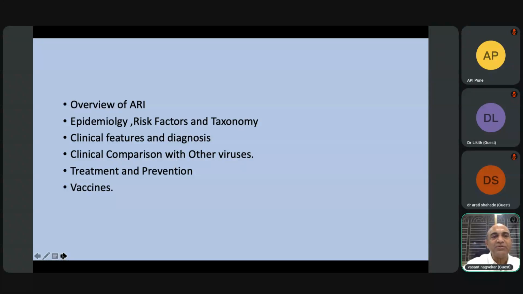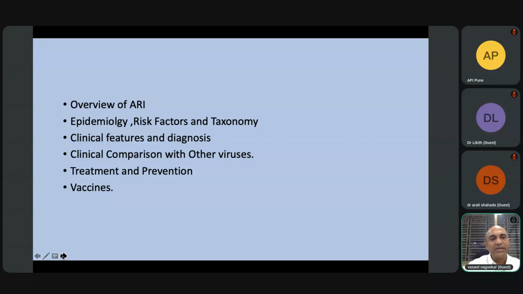clinical parameters which would tell that possibly this could be influenza A, or a respiratory syncytial virus? Are there any clinical comparisons, and does the clinical comparison really matter for the clinical outcome of the patients? I think we will see that also.